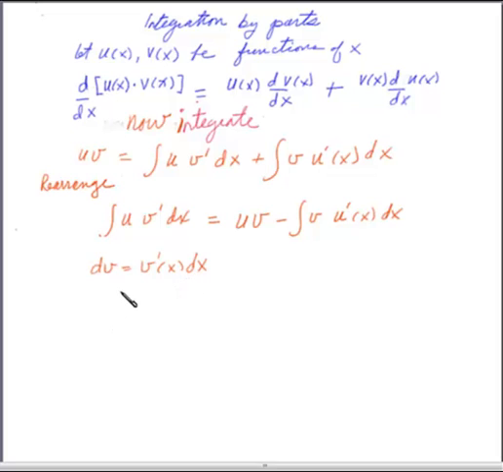So using that notation, a final thing we could add here would be the integral of u dv equals uv minus the integral of v du. So just remember that, and that's the classic form for integration by parts.